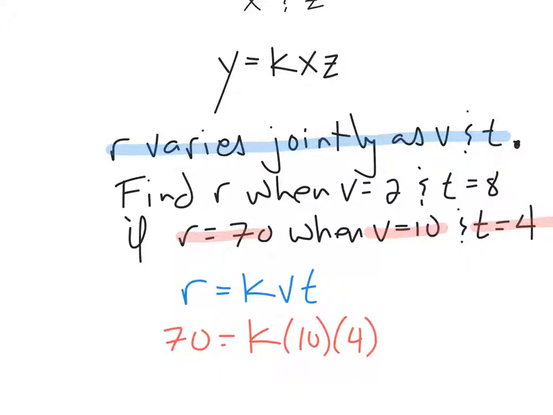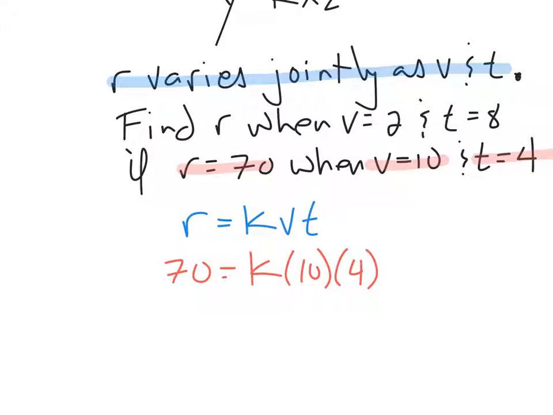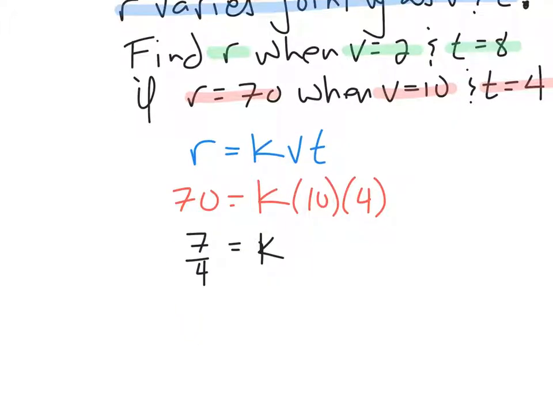And now we solve for K. So K will be equal to 7/4. Good so far? Okay. So last but not least, they ask us to find R when V is equal to 2 and T is equal to 8. So now I go back into my formula. R equals KVT.